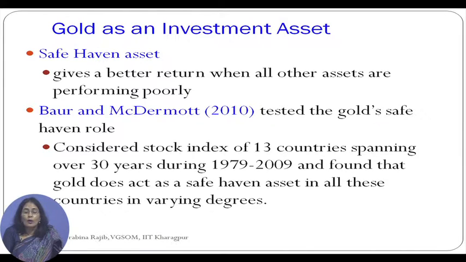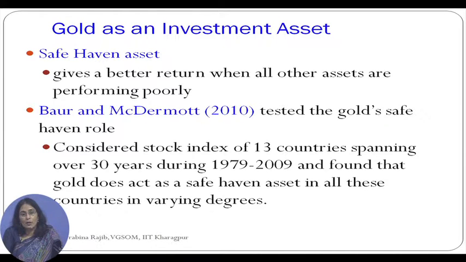If you recall, whenever a recession happens, you are not getting good returns from the housing sector, the prices of real estate are not moving, your stock market is not moving, and the bond market is also not giving you good returns. So everything is in a decline phase, but one asset which gives you a better return compared to other investments is gold. So gold tends to perform well.